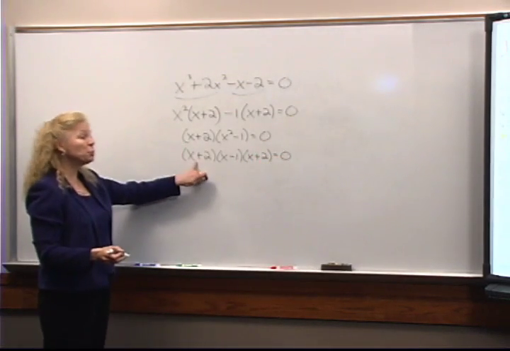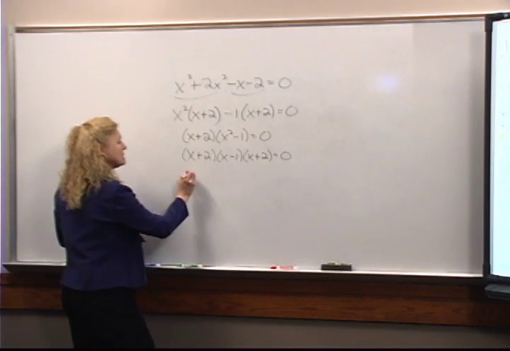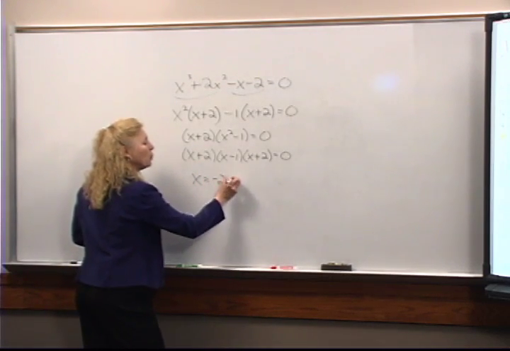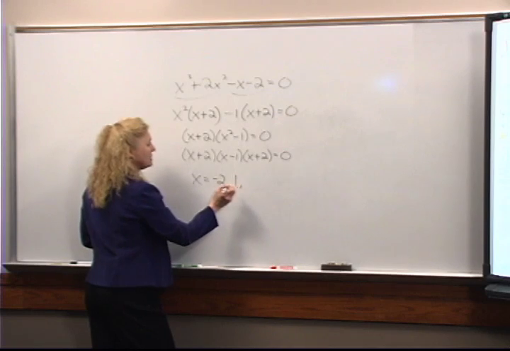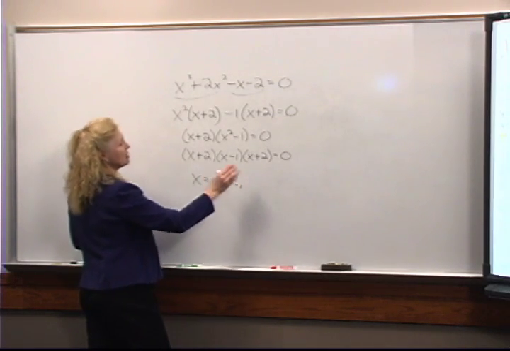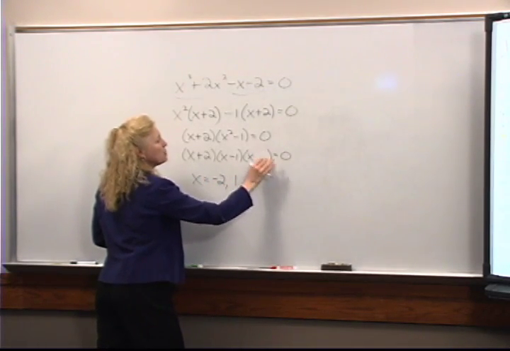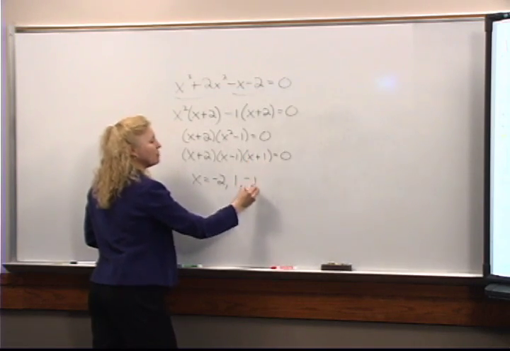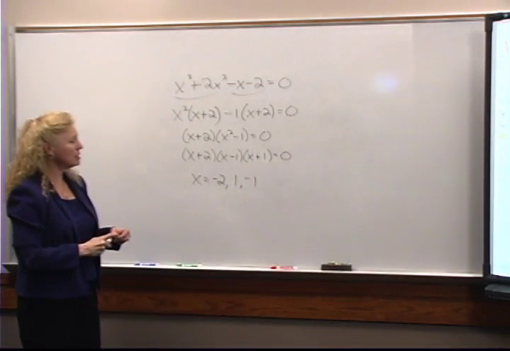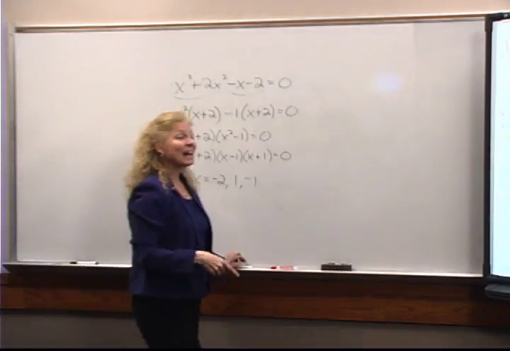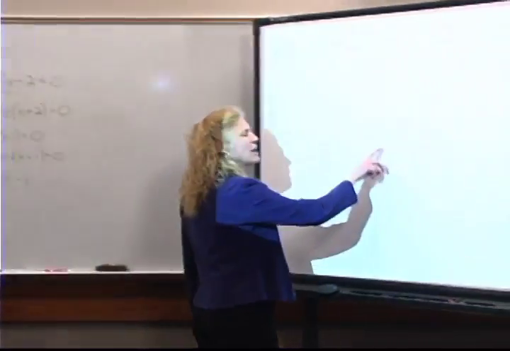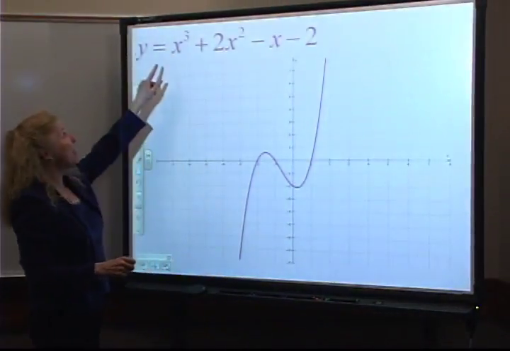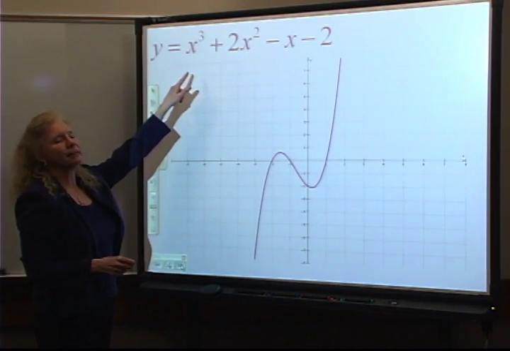And that's why your roots are sitting at -2, 1, and, oh, I made a mistake here. This is a +1, -1. Okay? And that's exactly what I see right here. And is that what I would expect out of a cubic equation?